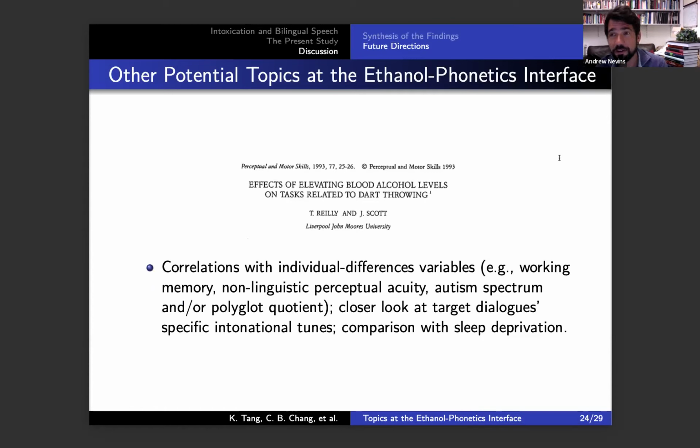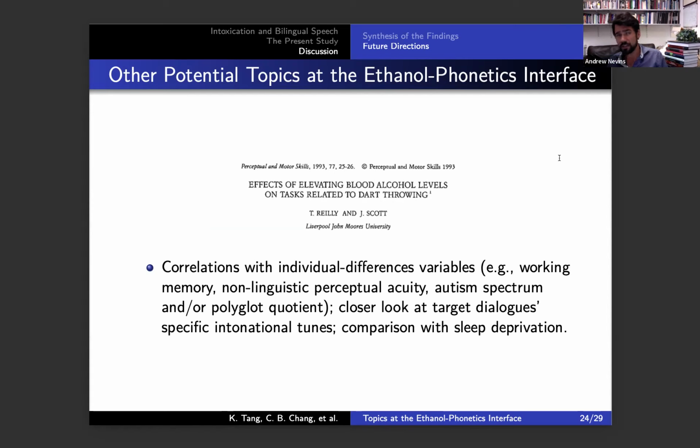Now, there are other studies that look at, for example, how alcohol affects your ability to play darts. Okay. And I think this is relevant because in a way, playing darts has a target, right? And we know from these studies of playing darts that actually some alcohol might even help some dart throwers, but of course, too much will make their ability to play darts go down drastically. But the question, perhaps related to what Patricia was talking about, is why might alcohol improve your ability to play darts?